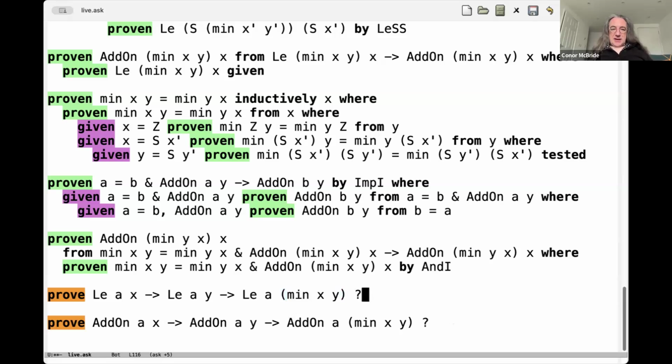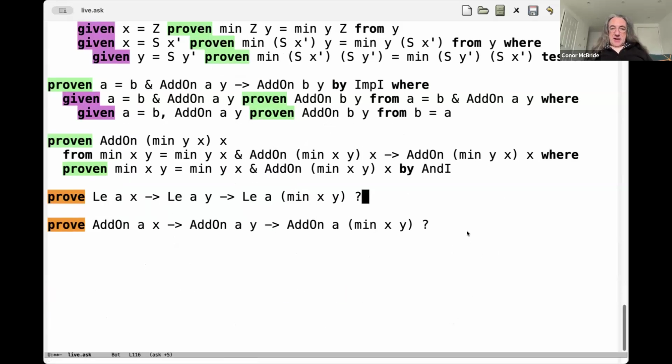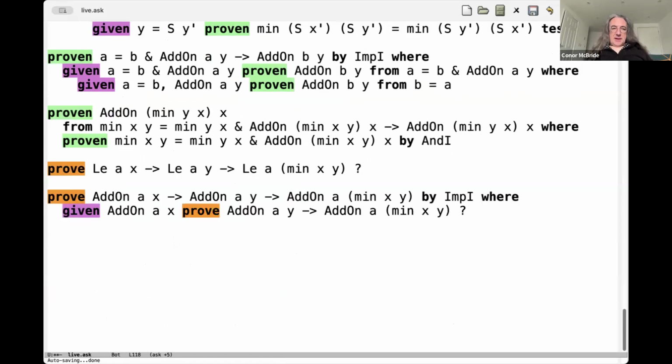So let's, again, just make sure that's going to get us there. So by imp I, and now I say from add-on ax implies leax. I'll just take that to a new line.